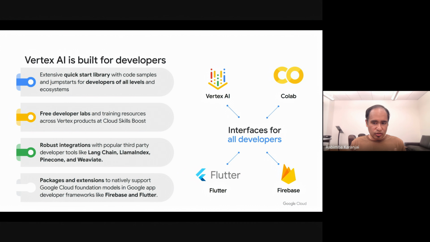Vertex AI also allows you to immediately run a whole Colab Enterprise notebook or even Vertex AI Workbench, which essentially is a very souped up Colab, which will be able to run most of the demos we will see today and the ones you want to build on top of that.